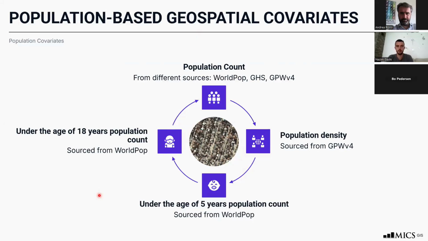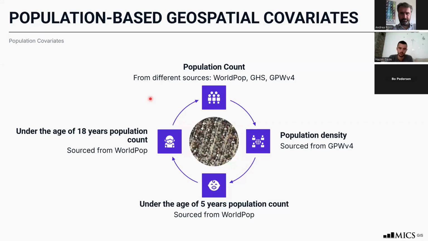Then on the population-based geospatial covariates, we have again four main indicators, but this includes more than that. We are estimating the total population density, the population of under 5 kids and under 18 as well. For the population count, we are doing the population counts using grid population estimates at different resolutions.